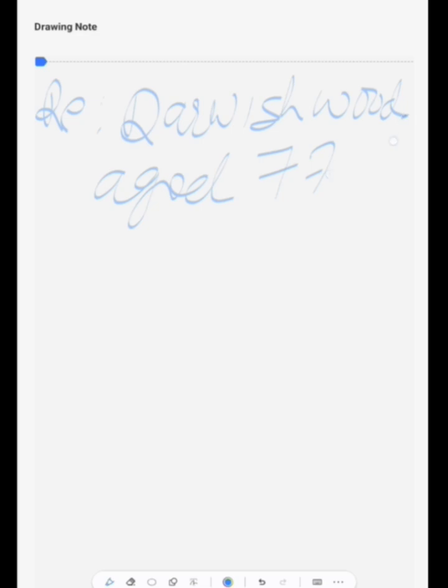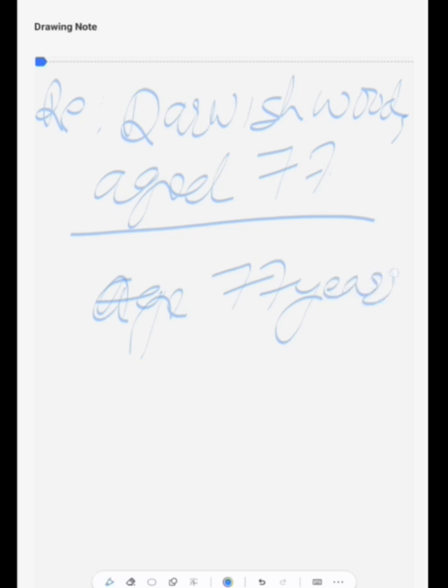Okay, put a comma here and you can continue the line by writing age 77, or the pattern they have given you, you can also write as it is. If they have given the date of birth, you can write the date of birth as they have mentioned, or you can write it like this, or also age 77 years. Okay, so this is it.